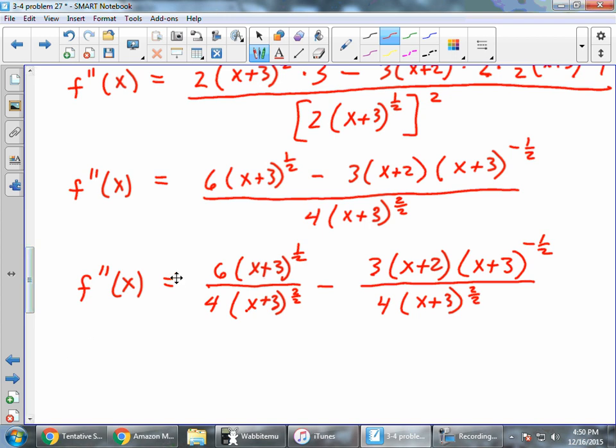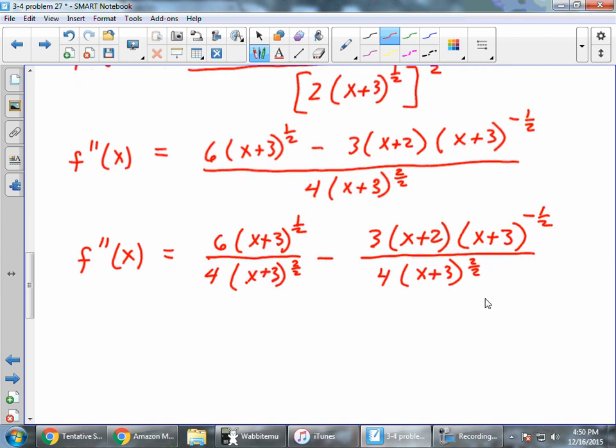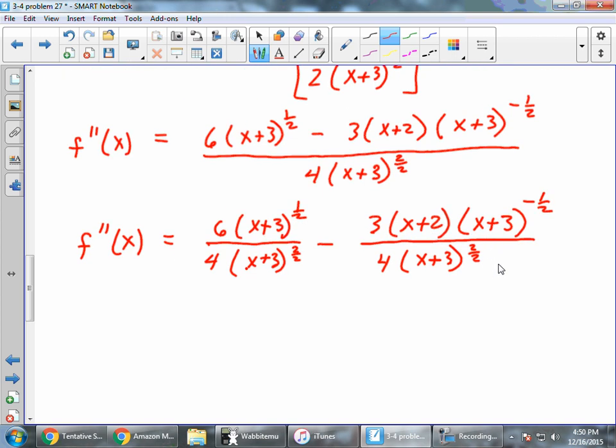So now notice we have the same base, quantity x plus 3, raised to different powers, and we're dividing. And you remember what to do with the exponents. And we have the same base, quantity x plus 3, raised to the negative 1/2, and down here raised to the 2/2. So we can, because we're dividing, subtract those exponents.